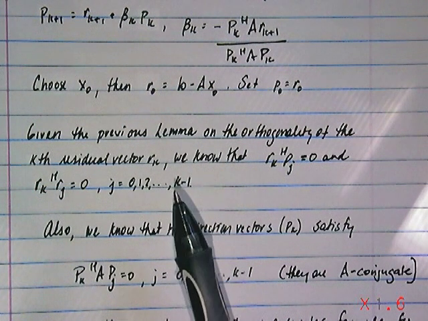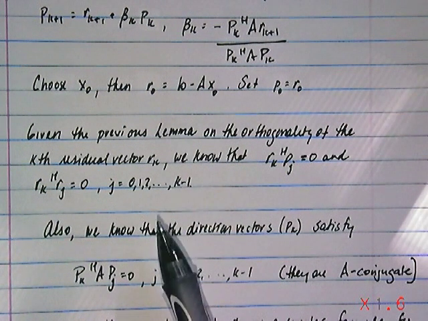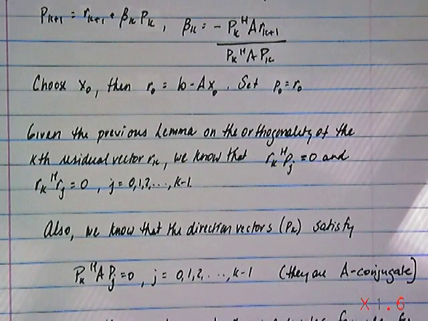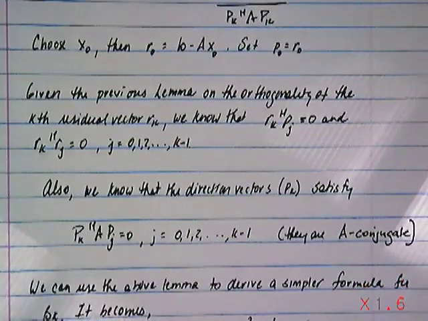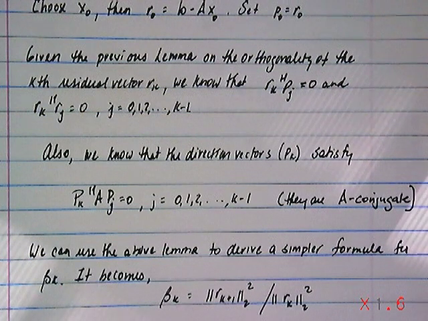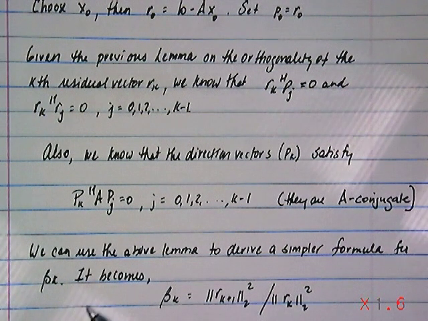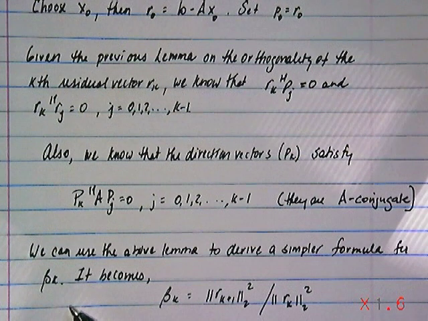It's interesting that if you take this lemma, which is extremely important in terms of the properties of the residuals and the direction vectors for conjugate gradient, you could exploit it to derive a simpler formula, which Björck does in the book, for that beta_k parameter, which is necessary to update your direction vectors.